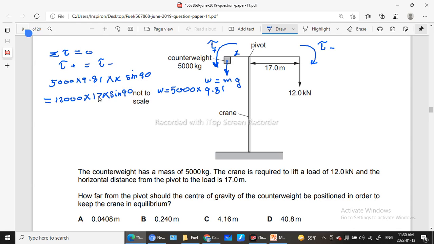Now sine 90 is 1, and dividing both sides by 1000, we get here 5 times 9.81 times x equals 12 times 17.